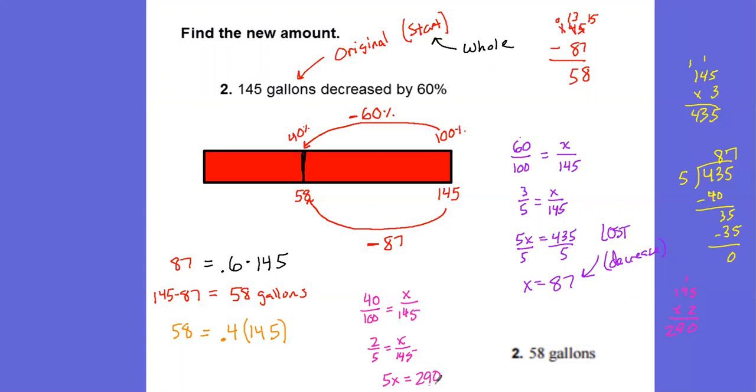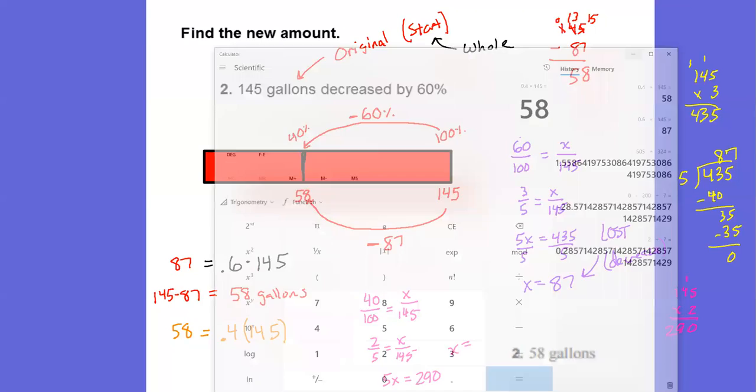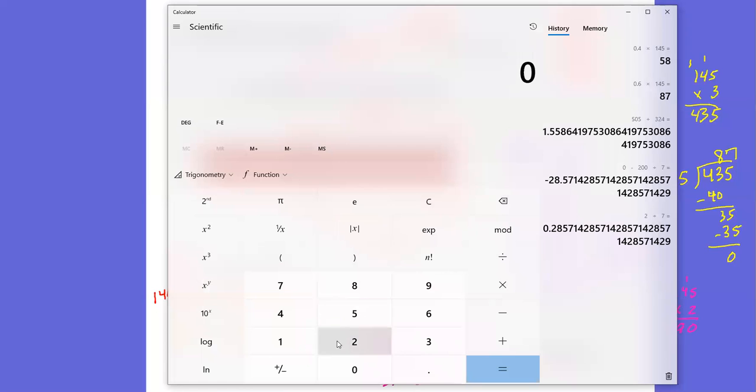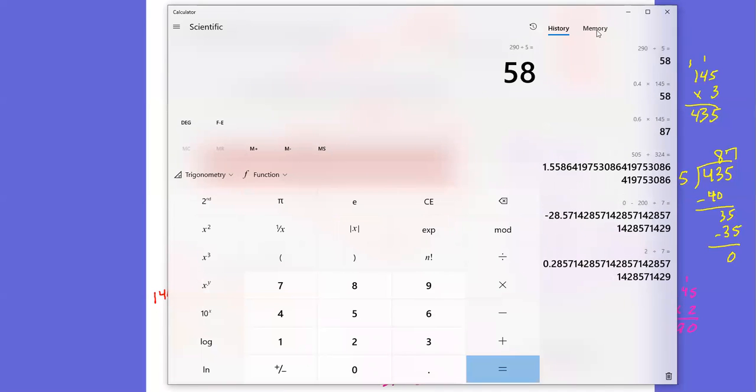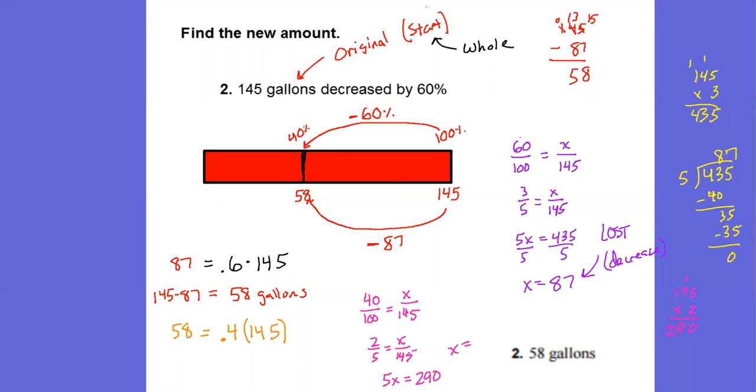And divide both sides by 5. I'm running out of room here. 290 divided by 5, I'll use my calculator to speed this up a little bit. And there's that number 58 again, 58 gallons.